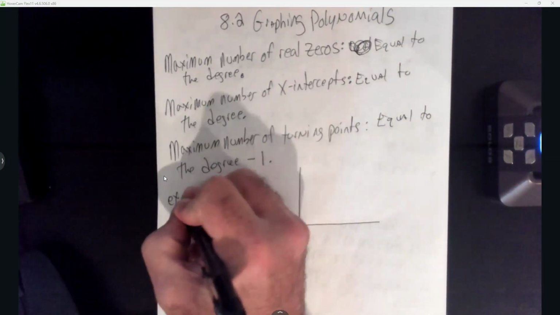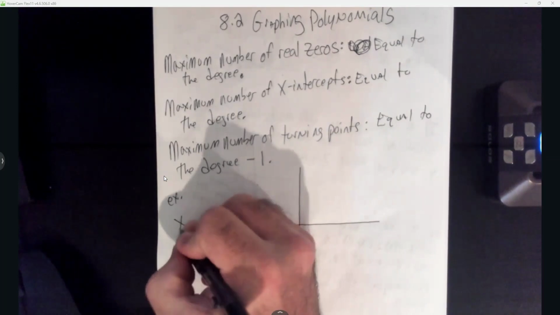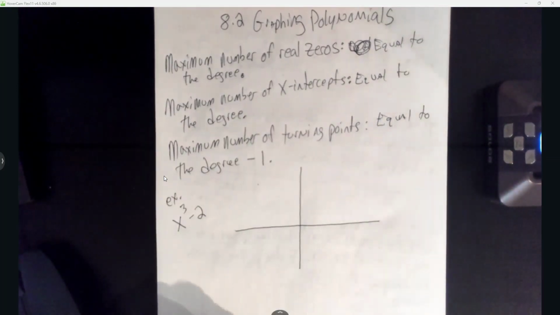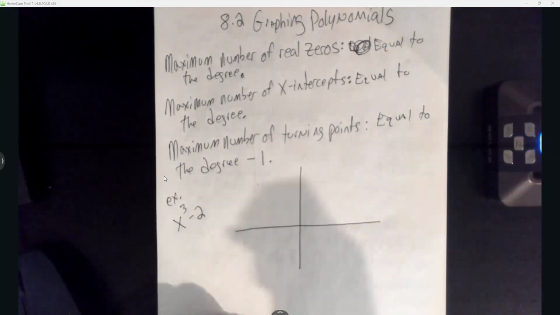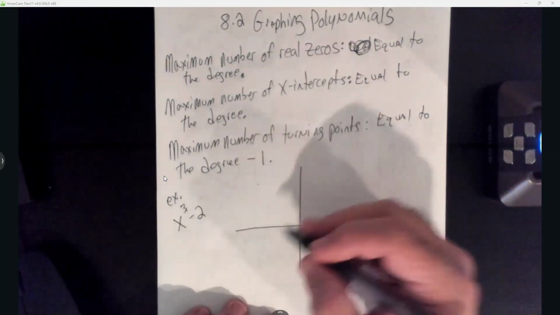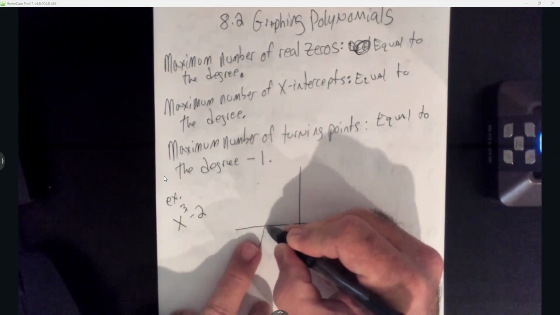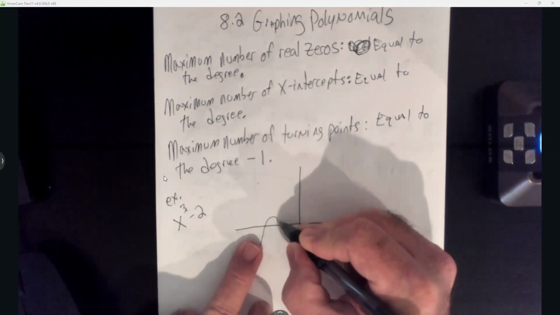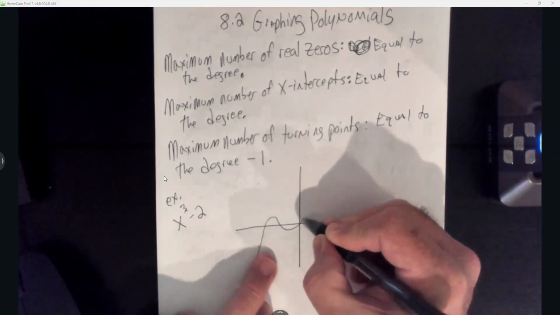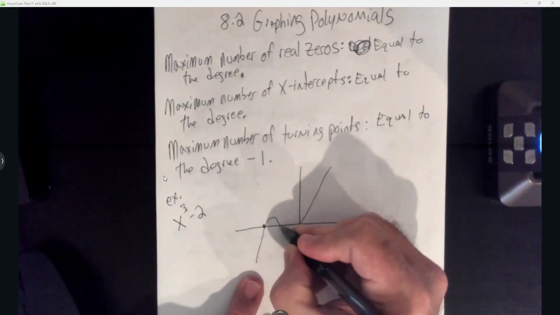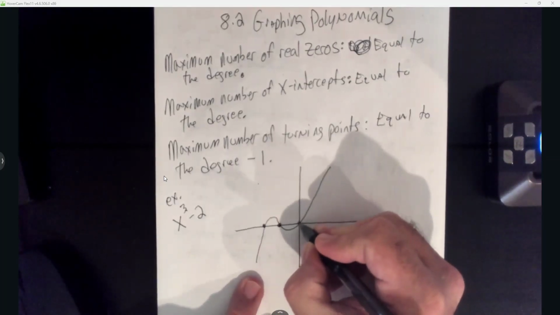So, an example, what if I had x cubed minus 2? So this is a degree 3. So this graph would come up once. It might come down and then shoot back up again. So notice it crosses the x-axis 1, 2, 3 times.